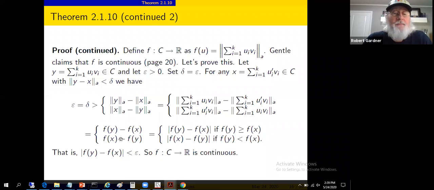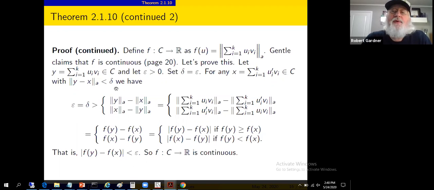Okay, so we get f of y minus f of x, or is it f of x minus f of y? It depends on the relative sizes, as we did on the previous page. We get the absolute value out of one or the other. It depends on the relative sizes of the f of x's and the f of y's. So what you get from this is epsilon is greater than the absolute value of, say, f of y minus f of x, or the other one.